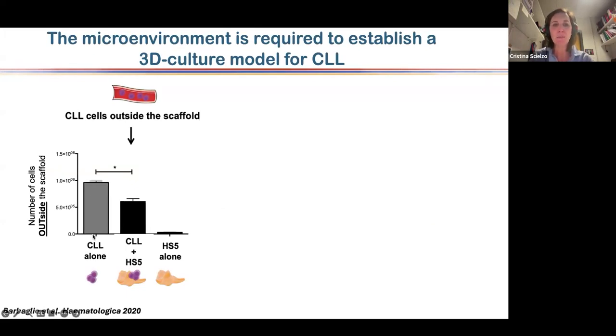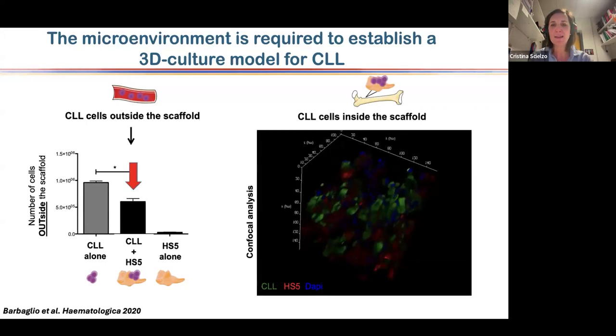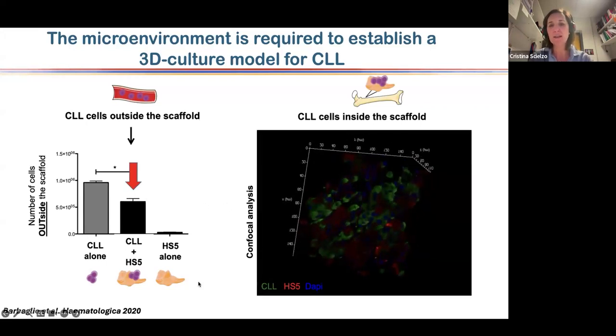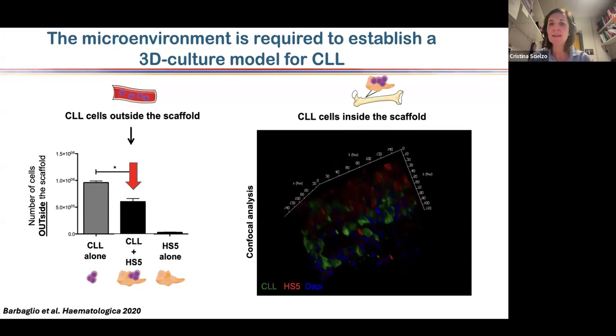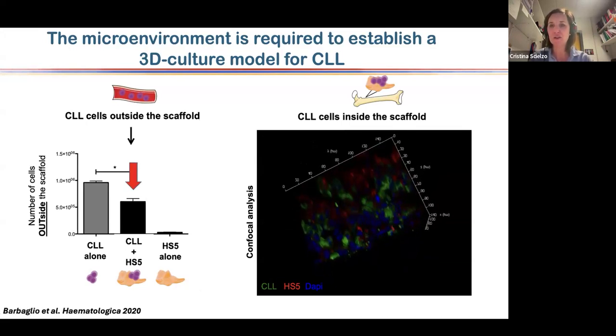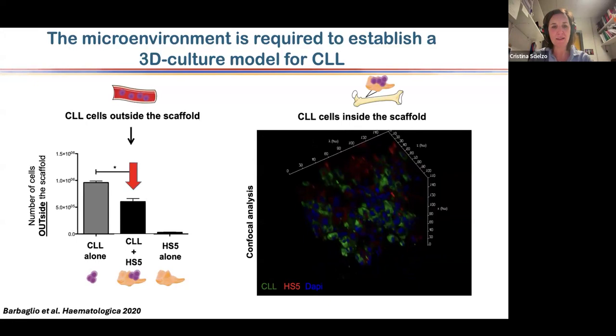In the absence of bone marrow stromal cells, you cannot manage to keep the leukemia cells in the scaffold. They all stay outside. When they are inside the scaffold, you can see here leukemia cells in green and stromal cells in red. They are nicely interacting with each other, filling the scaffold entirely.